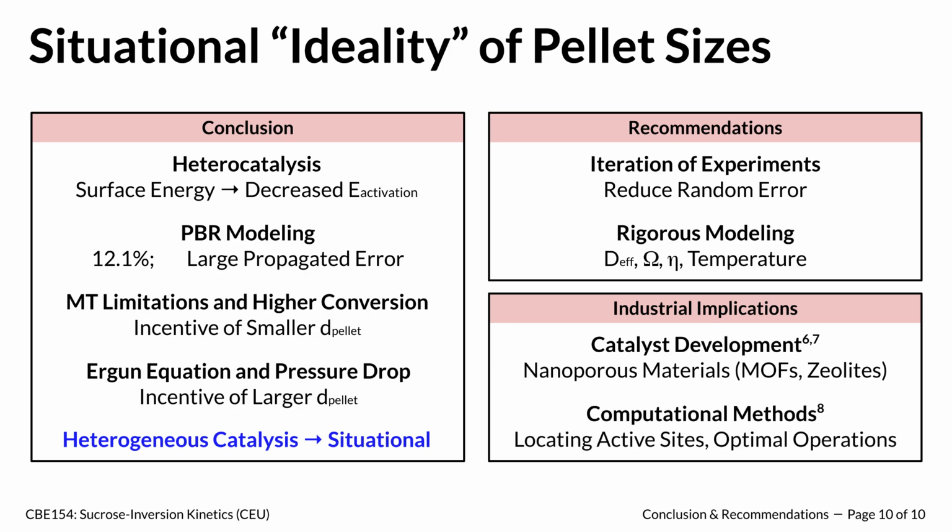Additionally, computational research is widely conducted, and usually these methods are used to accurately locate active sites on a catalyst and also to understand optimal operating conditions for various catalysts.